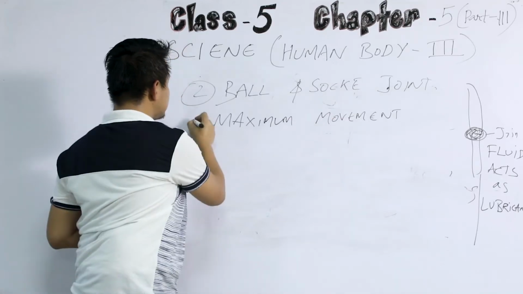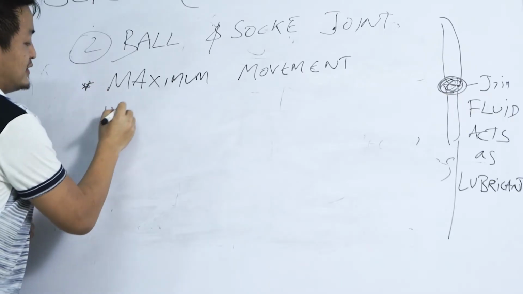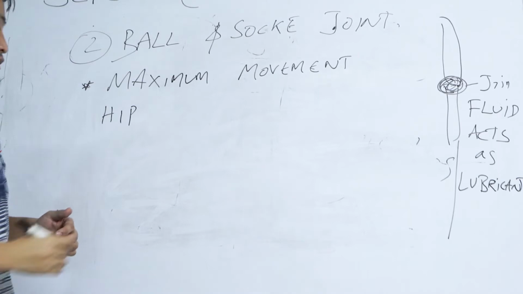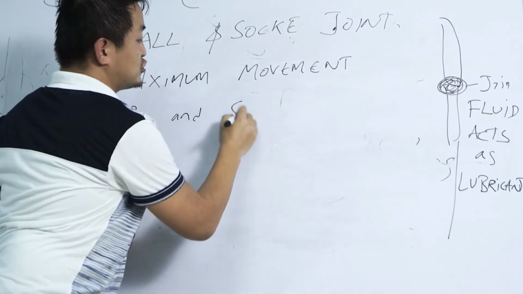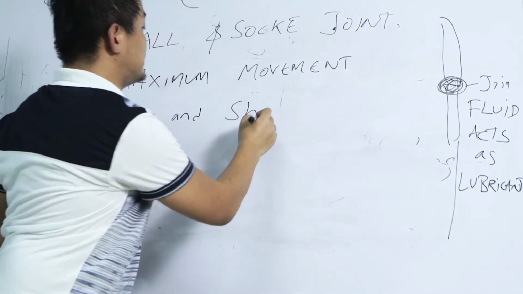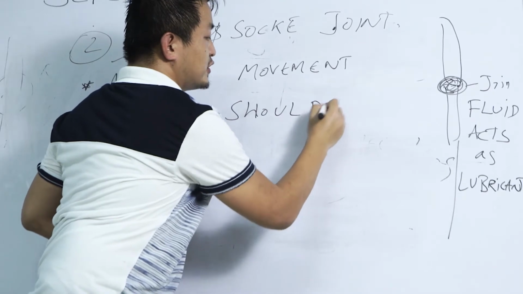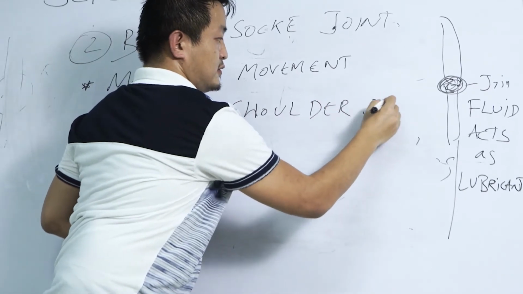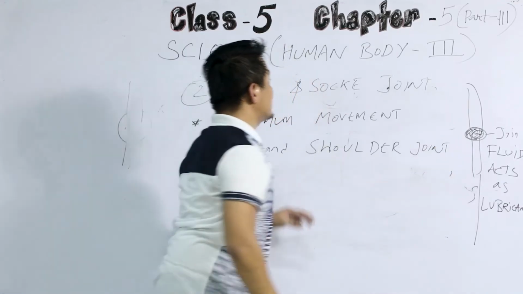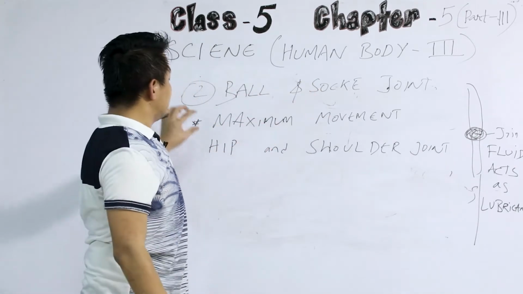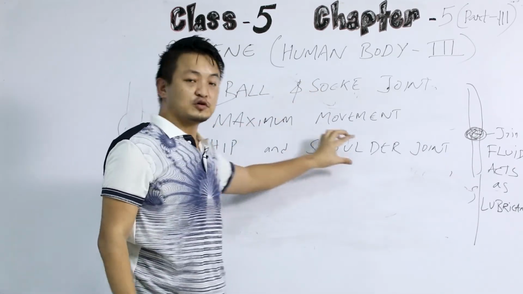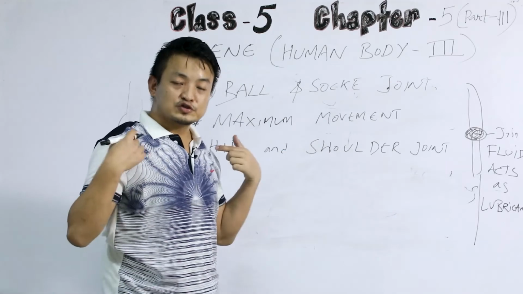Like we have in the hip and shoulder joint. So when I say ball and socket joint, that means the hip and the shoulder joint.